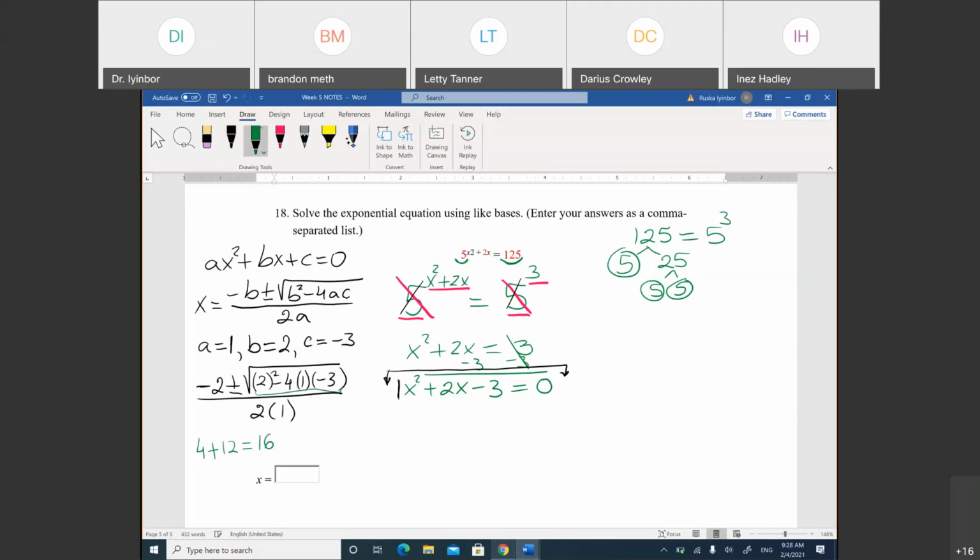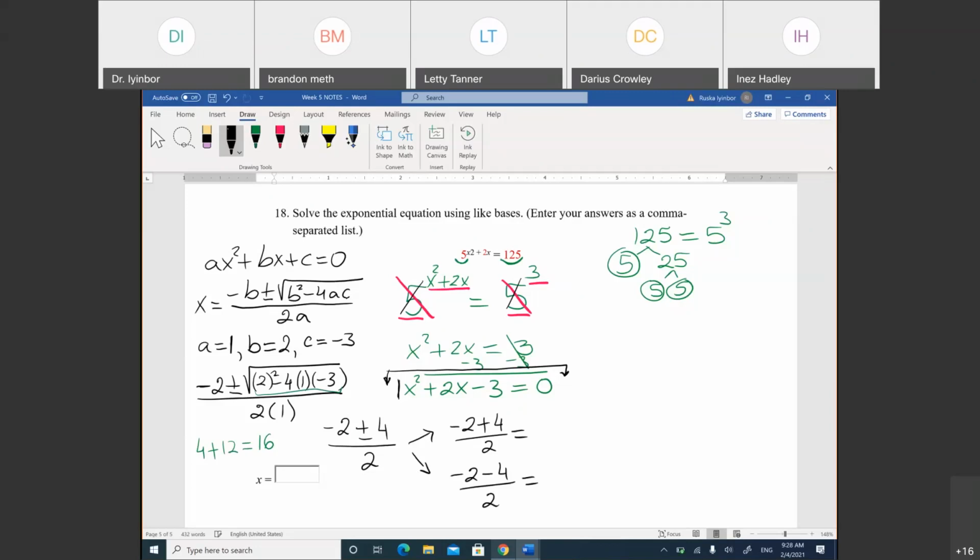So what is the square root of 16? 4. So what I have right now is negative 2 plus or minus 4 over 2. So I'm going to do plus and I'm going to do minus. So I have negative 2 plus 4 divided by 2 and negative 2 minus 4 divided by 2.